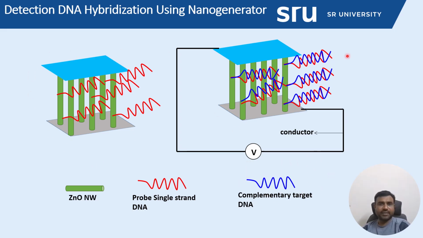So based on this device, we can effectively detect non-complementary and complementary DNA sequences, and whether hybridization occurred or not. So this is a simple process.